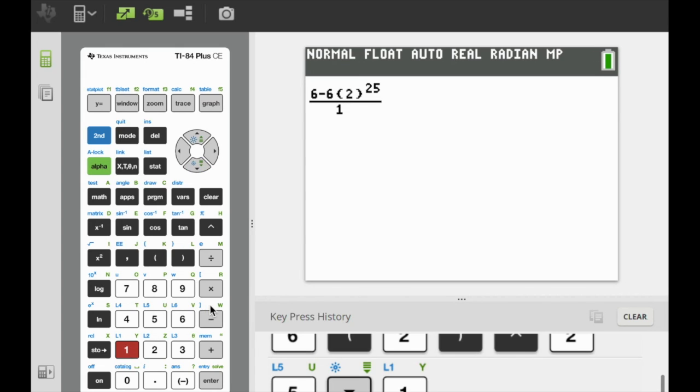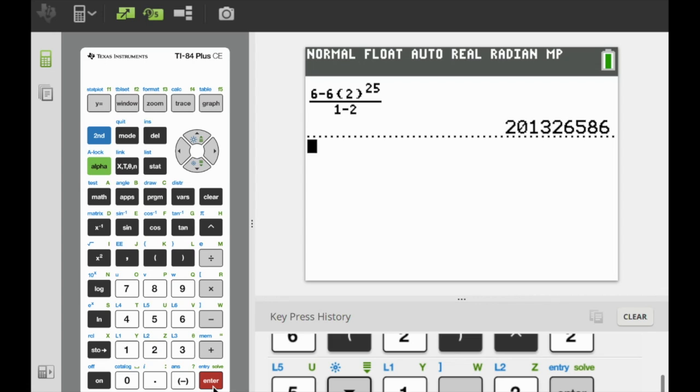If I did not use the fancy fraction, then I would have to make sure to put parentheses around the 1 minus 2 so that it subtracts that first and divides by what 1 minus 2 is. Or I could just figure out 1 minus 2 is negative 1 and just write divide by negative 1. So I'm just going to type it exactly like that, and I get this really big number, which makes sense. It's an exponential growth, really, that I'm adding 25 terms of.